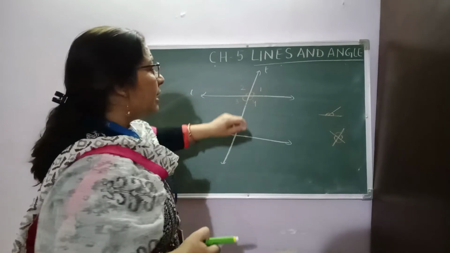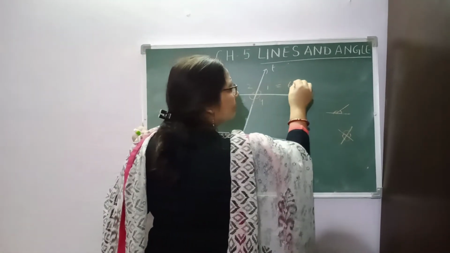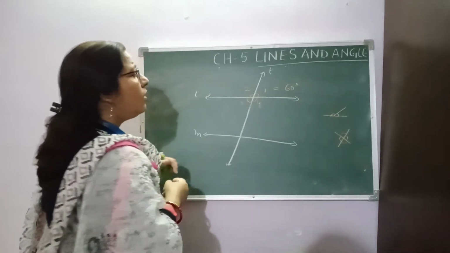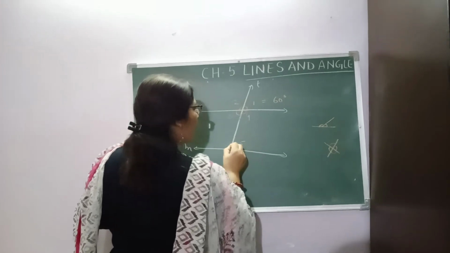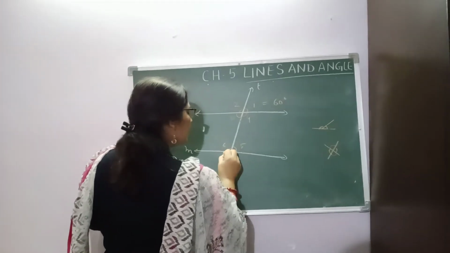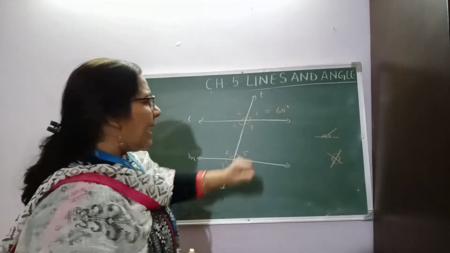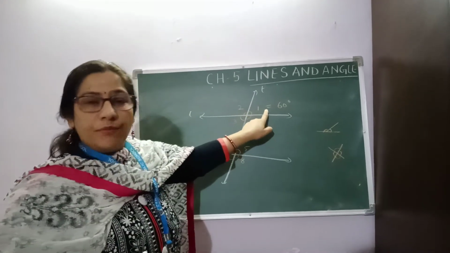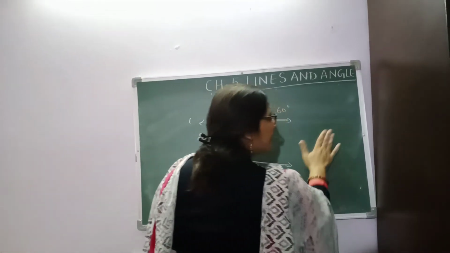So suppose angle 1 measurement is given as 60 degrees. How will you find the other angles? I'll show you with this question and explain the whole concept.